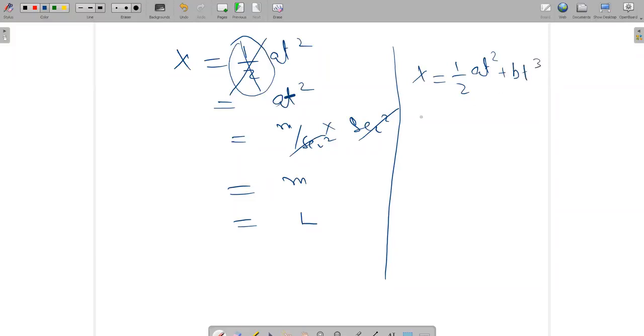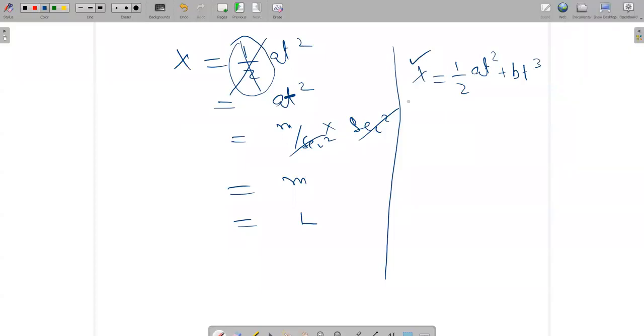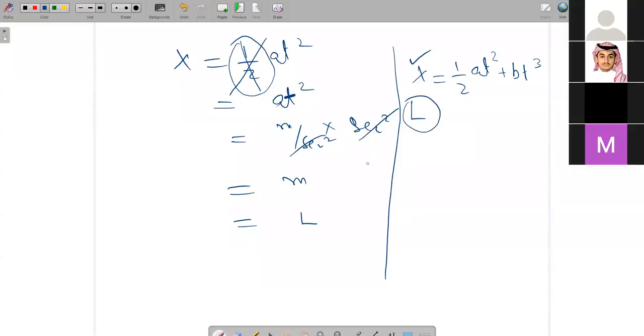He is asking what is the dimension of A, or of B. If X is the distance, then the dimension of X will be L. To make it L, the dimension of A will be L over T square, or you can write AT square is equal to L.